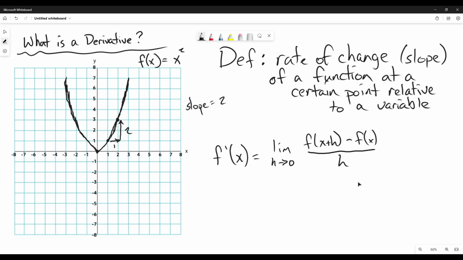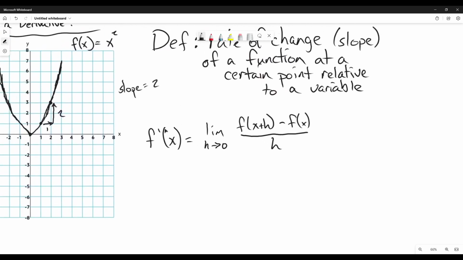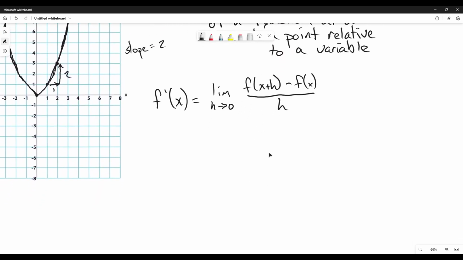Now, this may seem like an interesting looking function. So let's use it with our example of x squared.